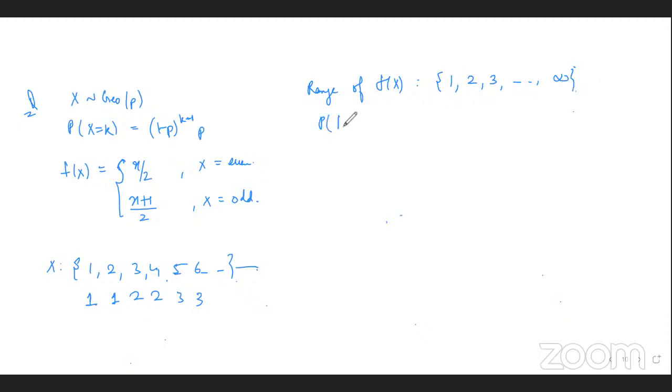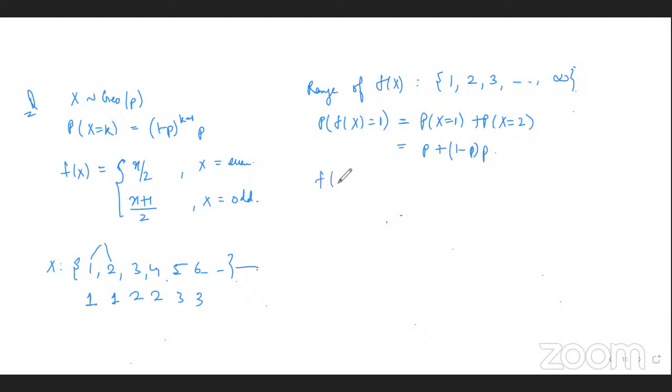Now, what is the probability of fx equals 1? So fx equals 1 we got from x equals 1 and x equals 2. So this is probability x equals 1 plus probability x equals 2. What is this? This will be p times p plus 1 minus p into p. Correct?